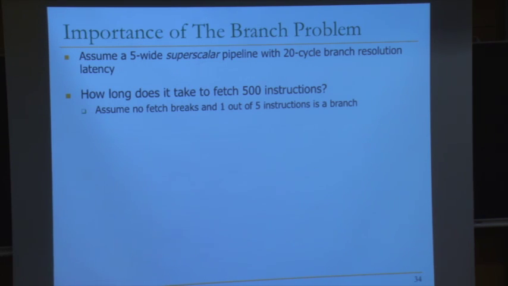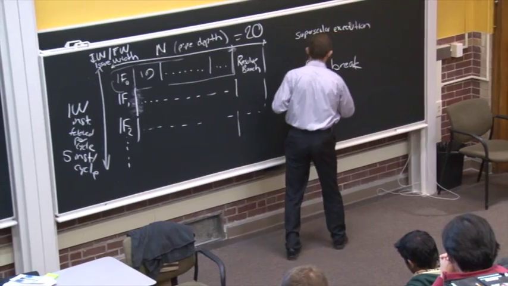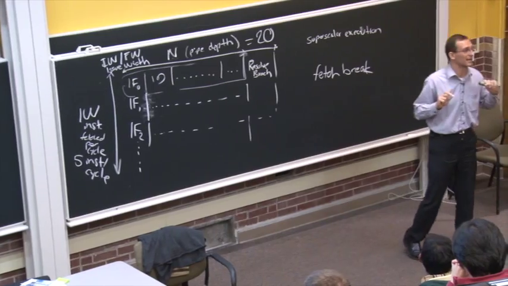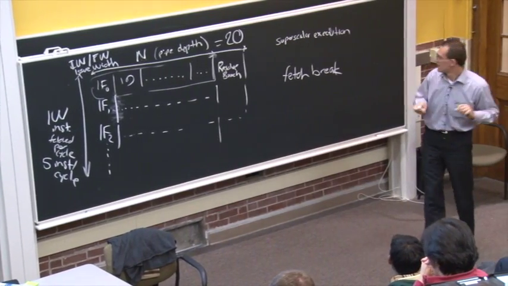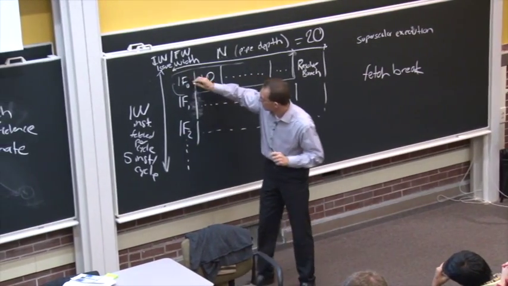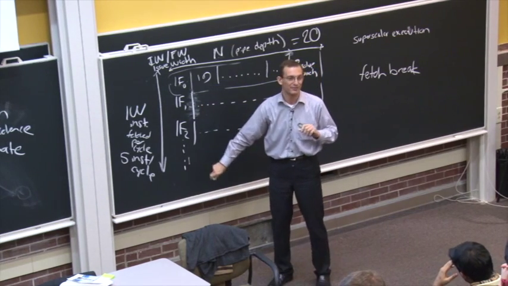What is a fetch break? I'll define it. You've actually read about this in your first paper, the Yale Patt paper that describes processor evolution. It talks about fetch breaks. A fetch break means you can actually fetch 5 instructions, but for some reason you cannot fetch 5.